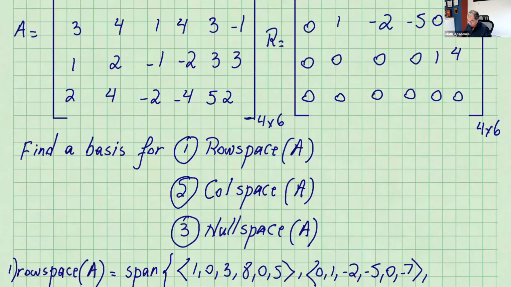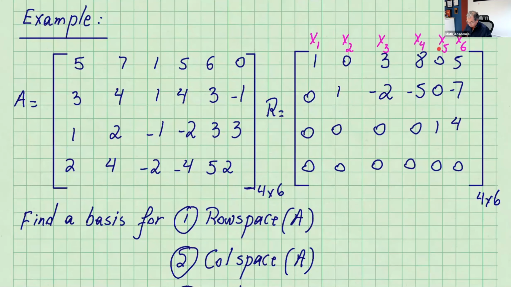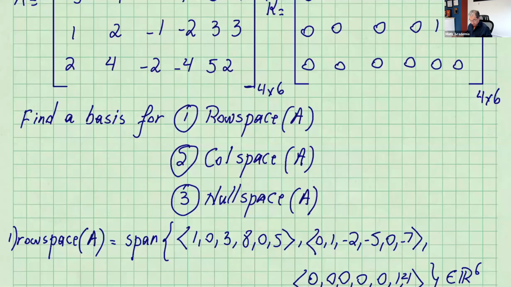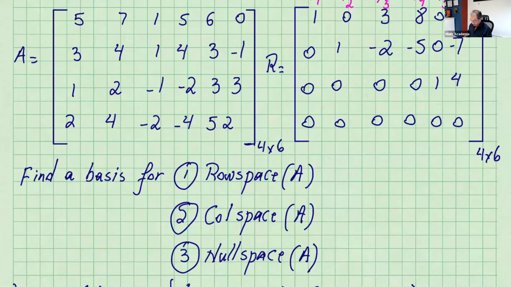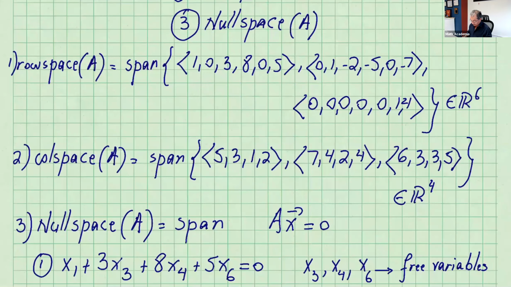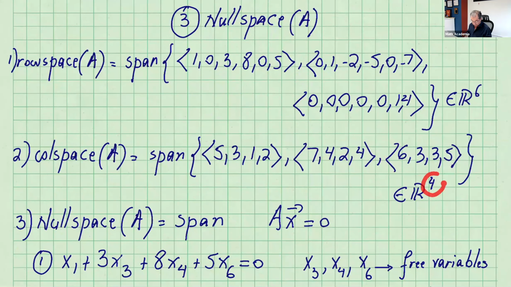The next one is the fifth column. That's a pivot column, and the corresponding column in the original matrix is 6, 3, 3, 5. Notice this is in R4. So the column space of A is the span of these three vectors, and they are linearly independent.